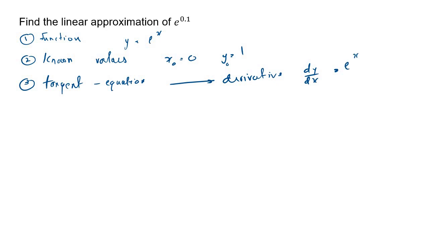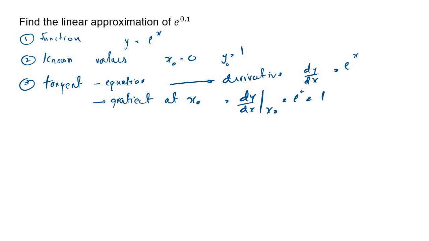Then we want to find the gradient at x0. The gradient at x0, dy over dx at x0, is equal to e to the power 0, which is equal to 1.